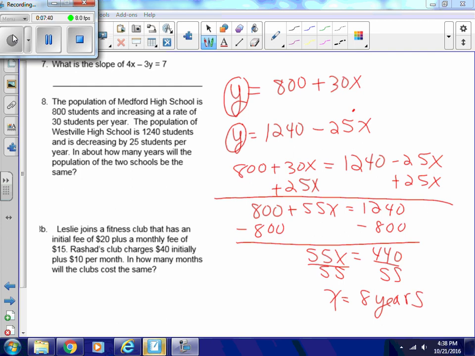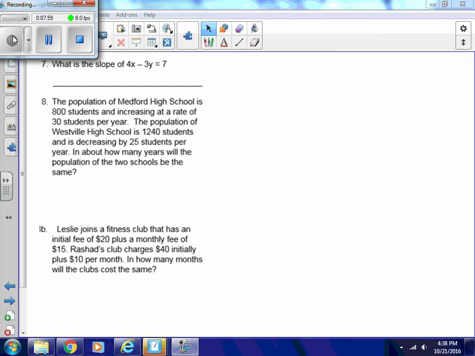The next one, Leslie joins a fitness club that has an initial fee of $20 plus a monthly fee of $15. Rashad's club charges $40 initially plus $10 a month. In how many months will the clubs cost the same? This is very similar to the problem that we just did.